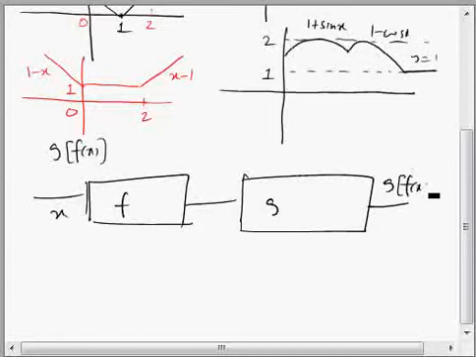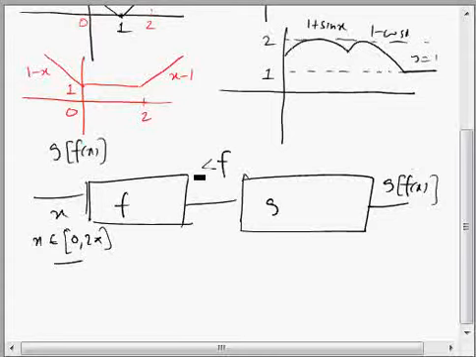Now you can see, if x belongs to R or x belongs to 0 to 2 pi, that is an interval given to f, the output of f will lie between 0 and 2 pi. The output of the first box is between 0 and 2 pi, right? Oh, sorry, 1 to 2.